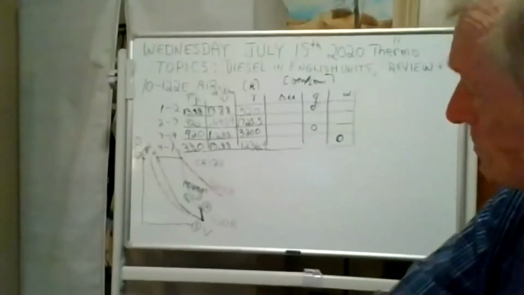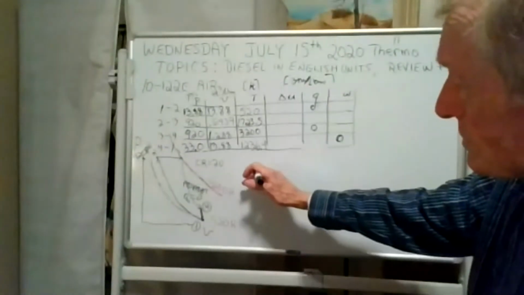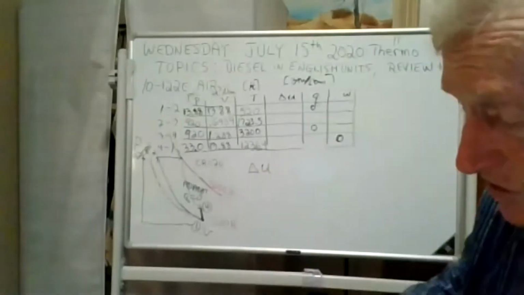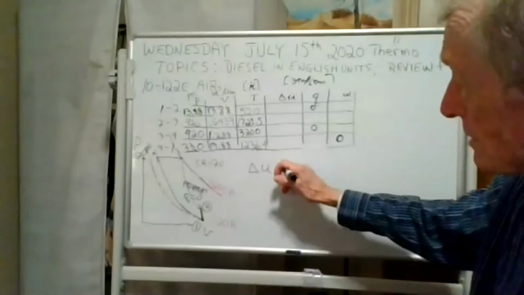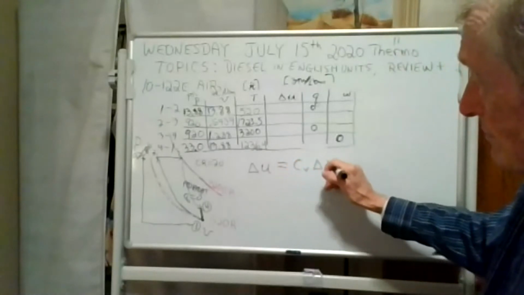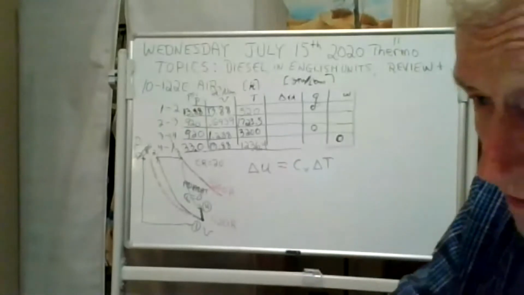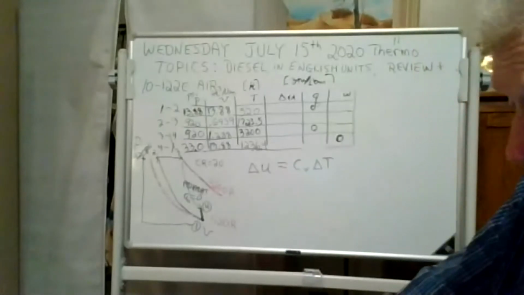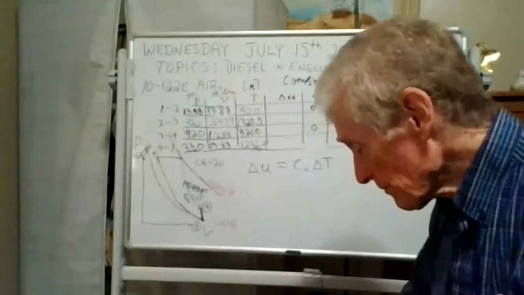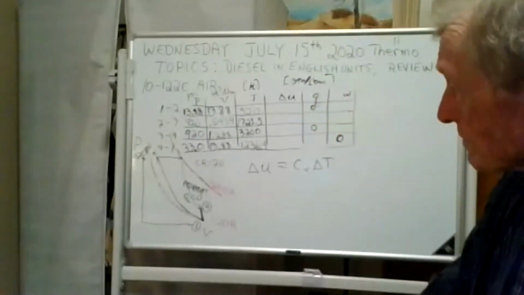All right, well, let's do the delta U's. Now, here's how you do the delta U's. Since it's air, which is an ideal gas, you can do that. Be careful with this equation. It only works for ideal gases.